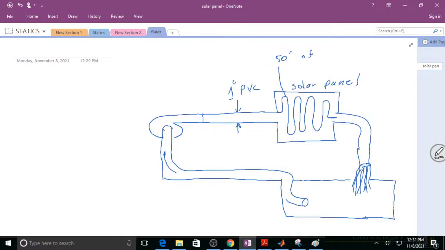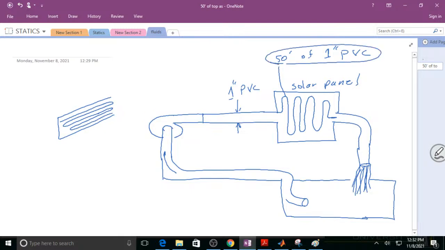of 1 inch PVC in some sort of arrangement like some sort of cabinet that you could just paint all black, and when it gets in there, the pipe just goes back and forth and absorbs the heat as the sun lays on it. So we'll just say it's the equivalent of 50 extra feet of PVC going back and forth, maybe 150 feet here. And then this part right here, the length is maybe 20 feet.